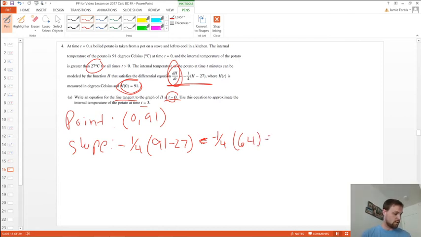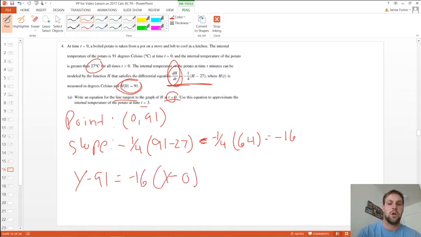Yes, 64. And that equals -16. Okay. So I got my point, I got my slope. My line tangent is going to be y - 91 = -16(x - 0). Or you can just say y = -16x + 91.